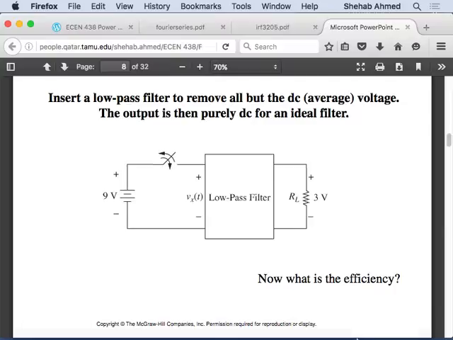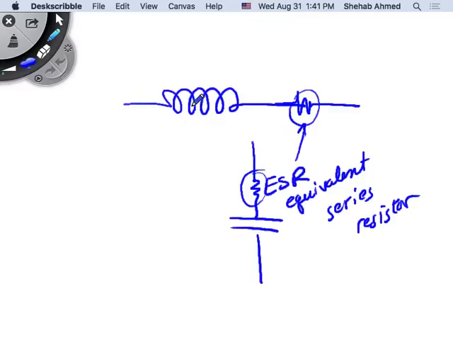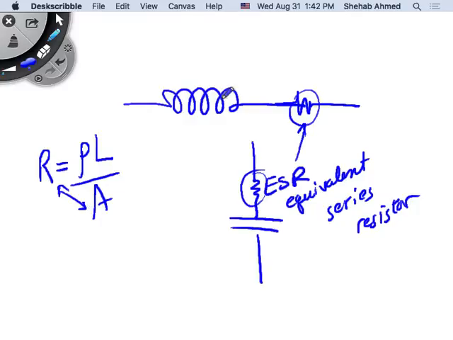Okay, how do you choose an inductor with lower resistance? What affects the resistance of a wire? Resistance is equal to rho L over A, right? So the resistance is inversely proportional to the cross-sectional area of the wire. Which means that I can choose a very big wire. If I choose a very big wire, I have a low resistance for the inductor, which is great.